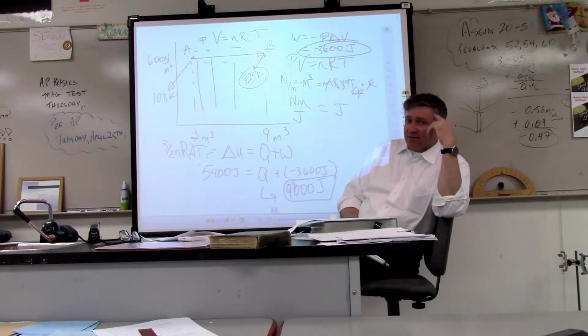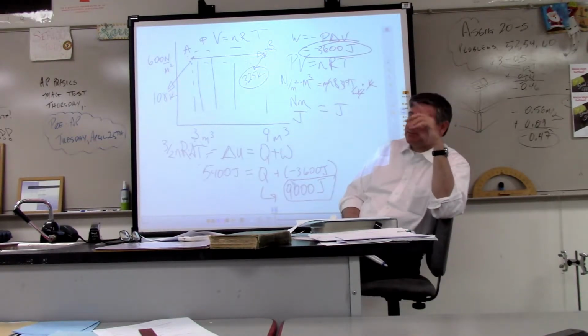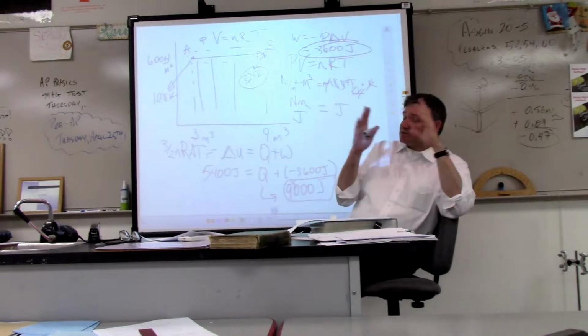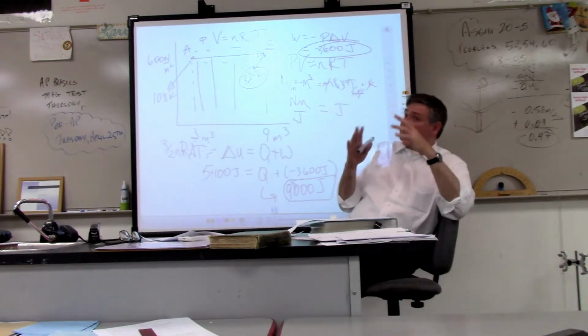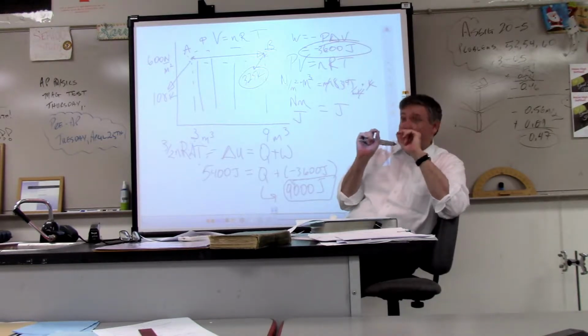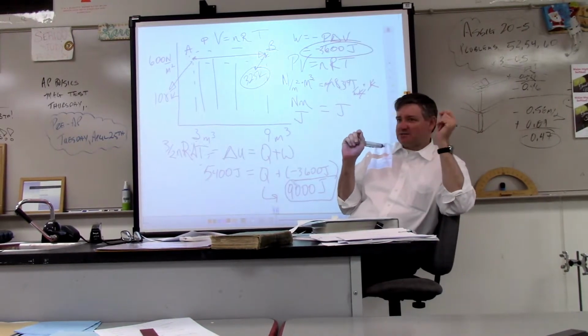What's going to be my value of delta U? It's going to be 9,000, right? So what's going to happen to the temperature change? It's going to be really, really big. Because if that happens, and I can't change the volume, all of that energy that I put in is going to go to make those air molecules inside go faster and faster and faster.